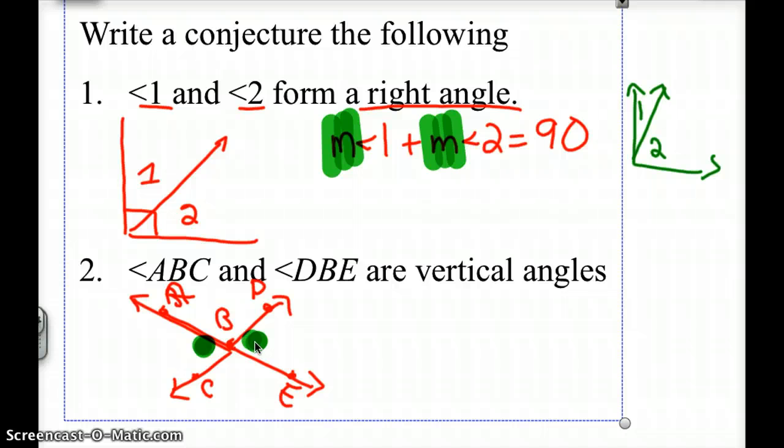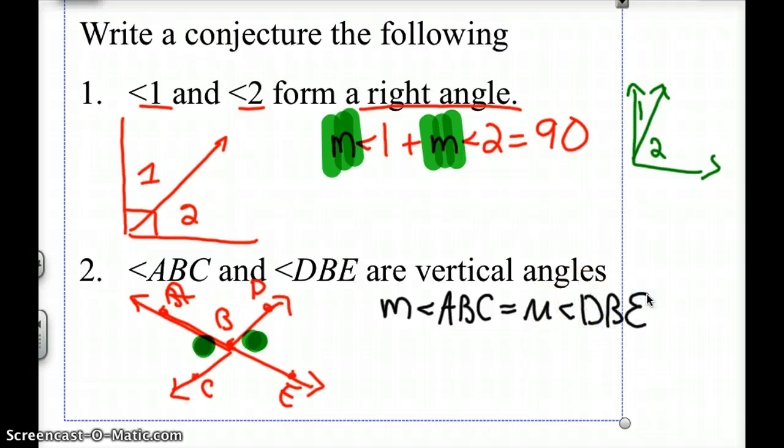What else do you know about vertical angles? Correct, vertical angles are equal. So I'm talking about the measure of angle ABC, and it equals the measure of angle DBE. Now at this point, somebody might be thinking, well, I would have written congruent.